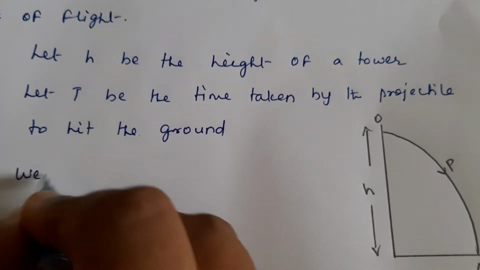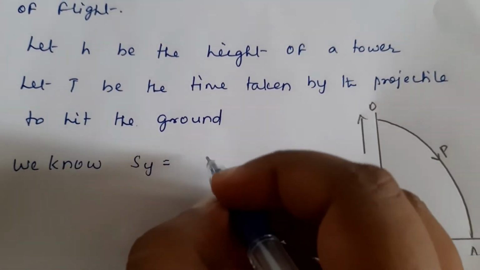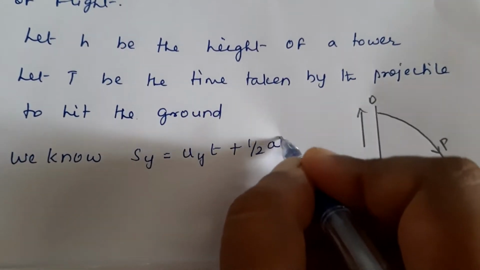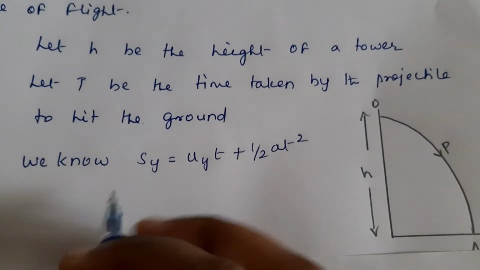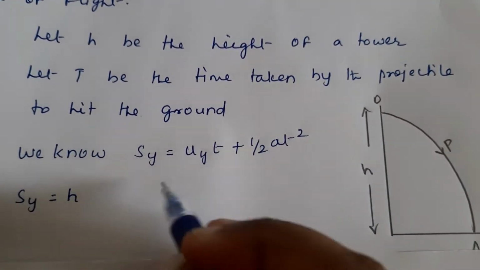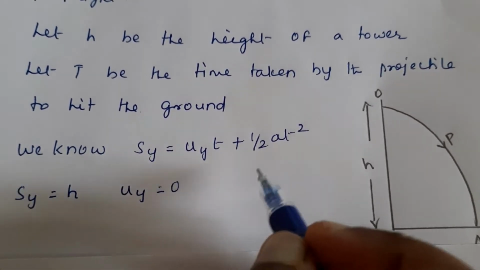Now we know Sy is equal to uy t plus half a t square. Okay. Now here we are going to substitute Sy is equal to h, and you know uy is equal to what? 0. Vertical velocity is 0.